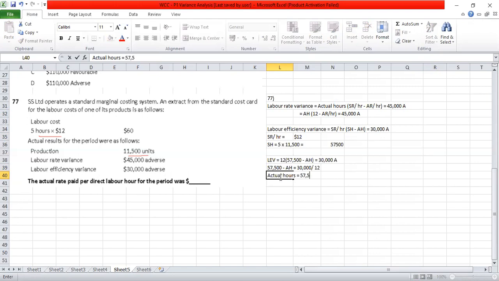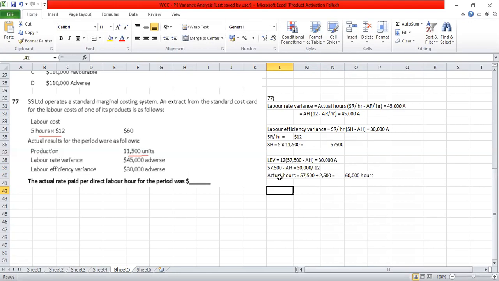Since it is an adverse variance, the calculated value of 2,500 has to be added to the standard hours. So that would be 60,000. 60,000 hours. Done.